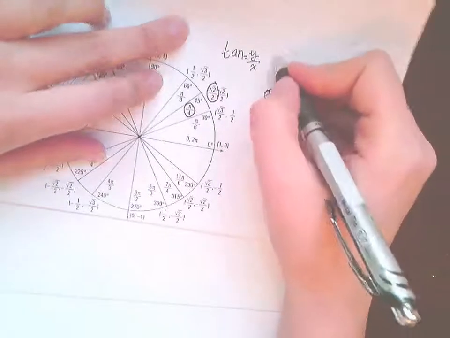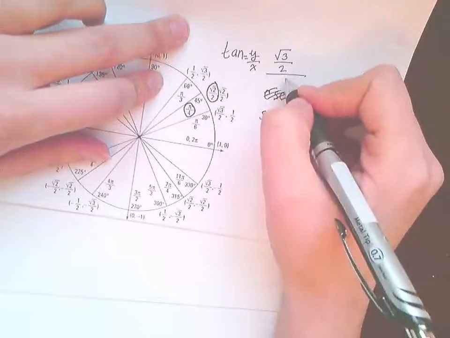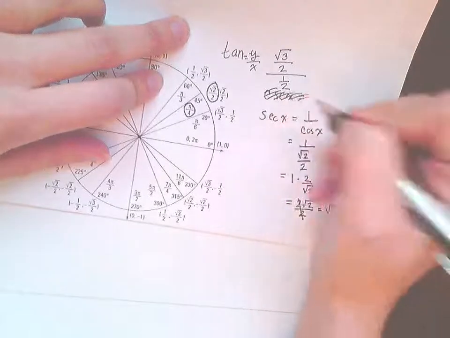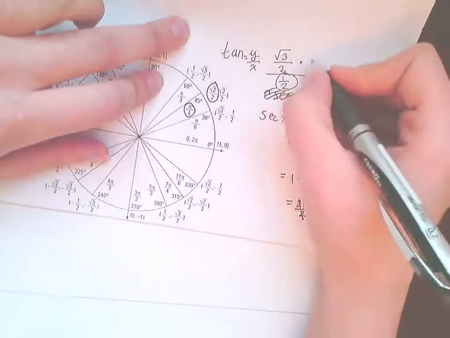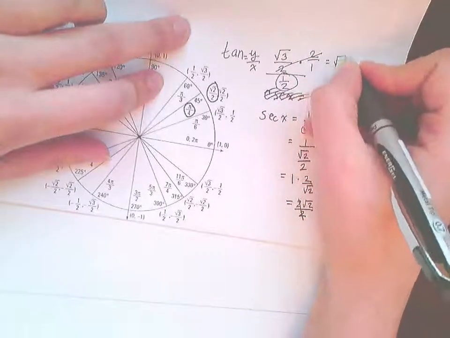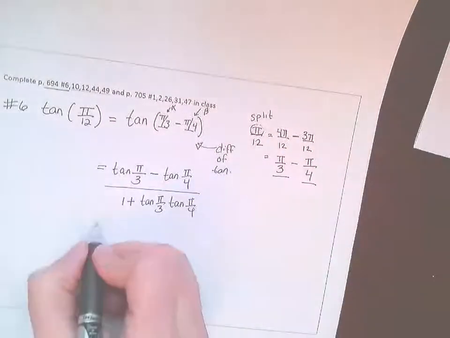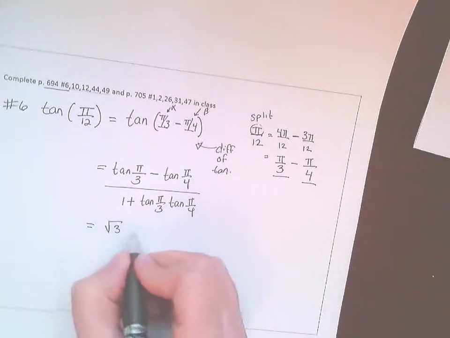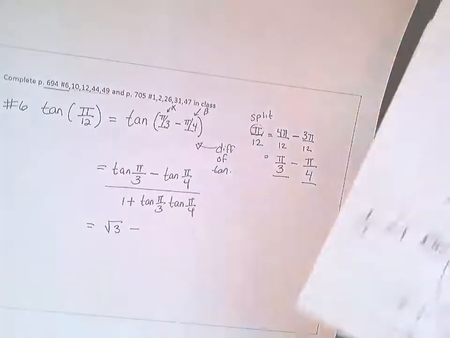So y is the square root of 3 over 2, all of that over 1 over 2. Flip the guy and multiply, right? So this becomes times 2 over 1. The 2's cancel out, so we're left with square root of 3.